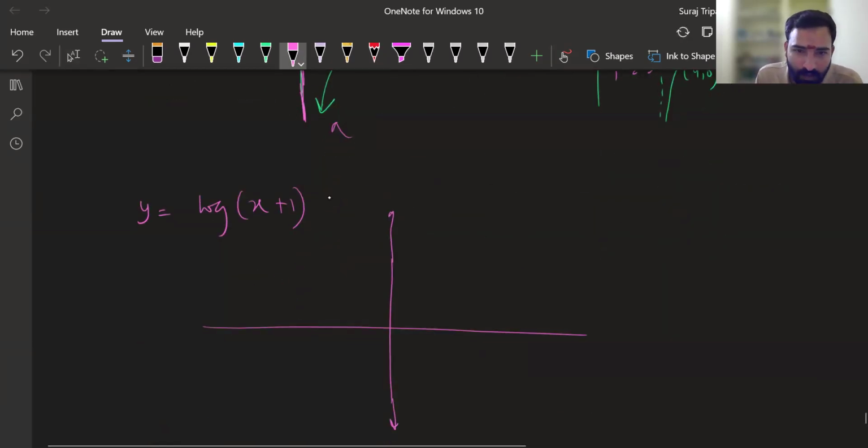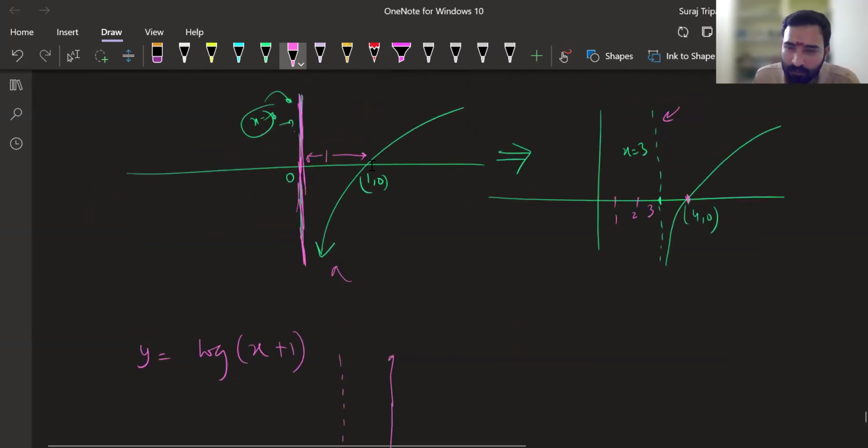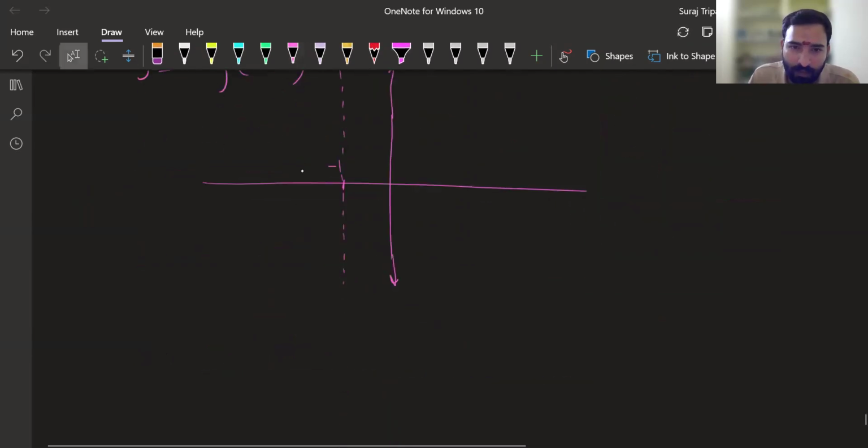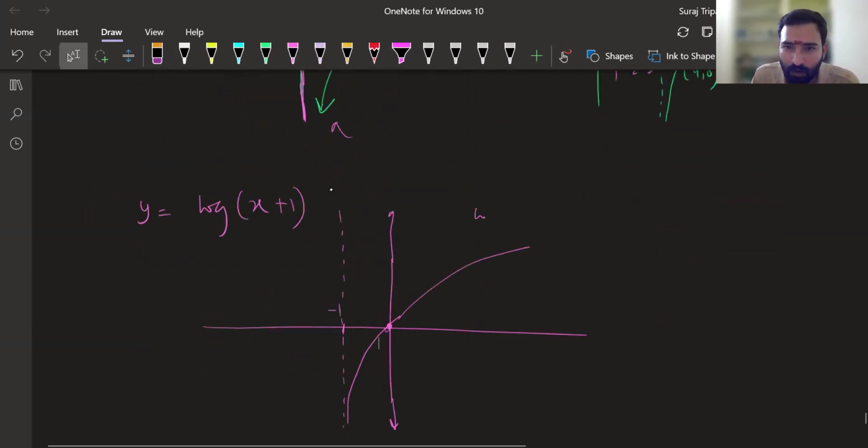So the graph will approach the line x equals -1, which will work as the asymptotic line. Previously it was passing through (1, 0), so this point also will shift by 1 unit towards the left and become (0, 0). So its graph will be like this. Right? This is the graph of log(x plus 1).